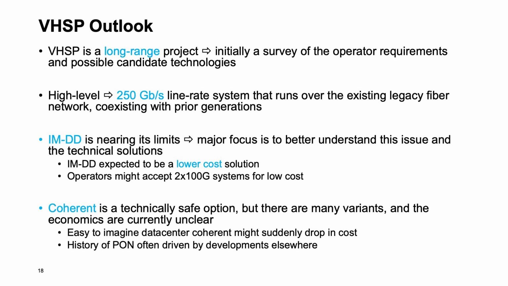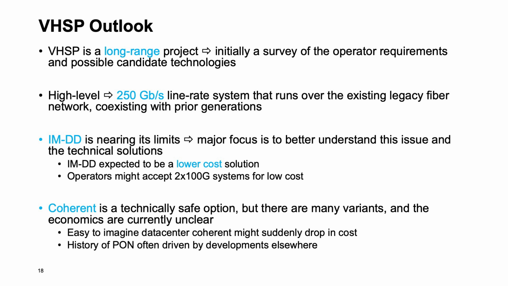Basically VHSP is a long-range project. We're looking at 2030 as the application horizon, so 2030 plus. It's a 250G line rate type of system, and we need to run over the existing legacy fiber and coexist with previous generations. IMDD is nearing its limits.